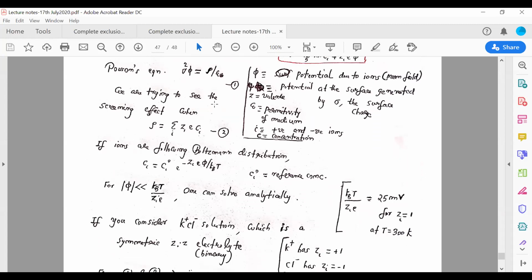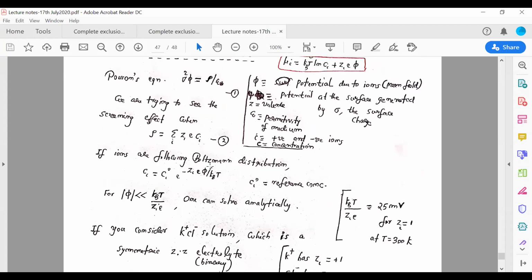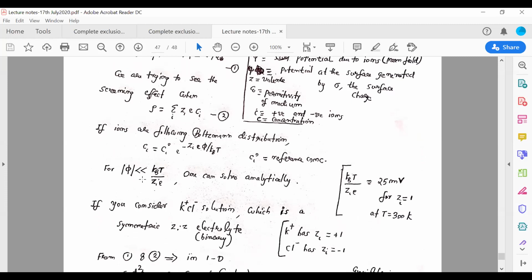Obviously there is a charge distribution, I mentioned concentration distribution, that is governed by the Boltzmann distribution. If we assume that this is governed by the Boltzmann distribution, then we can write it this way. We also assume that this phi is very small, much smaller than kBT by Zi. This Ci is the reference concentration or bulk concentration.